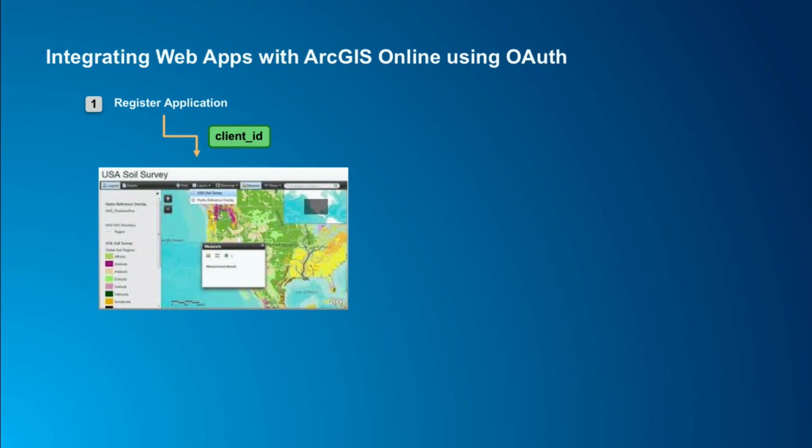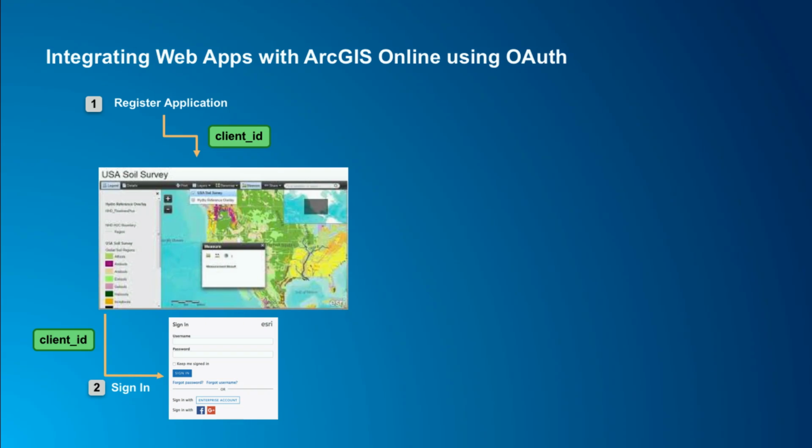So here's how it works. First of all, let's say you have your application already pretty much done. You register that application with ArcGIS Online. You get a client ID, or an app ID, as we sometimes call it. You then integrate a call to bring up the sign-in dialog from ArcGIS Online and pass in the client ID for your application.